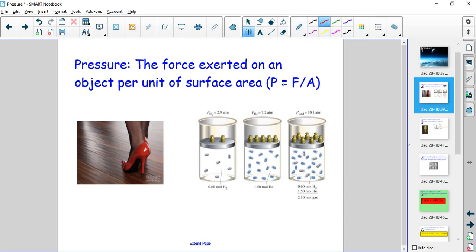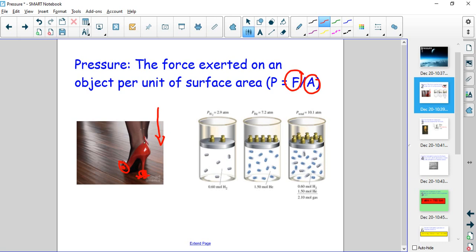What I like about the formula, however, is it tells me that pressure is simply a force exerted per unit area, like the definition says, admittedly. So if, for example, someone is stepping on a hardwood floor on a very small area, all of that force exerted by a person's weight or mass because of gravity is exerted on a smaller area and can leave little nicks on the floor, and you don't want that.